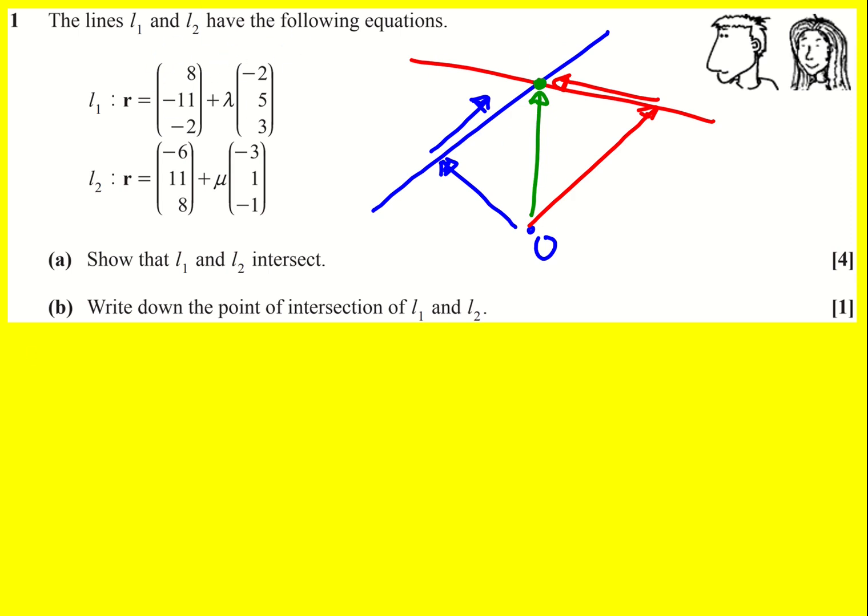And what we can do is set the x parts equal to one another. So 8 minus 2 lambda is equal to minus 6 minus 3 lambda. We can set the y parts equal.